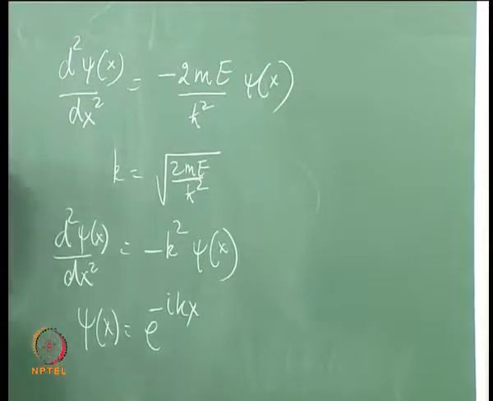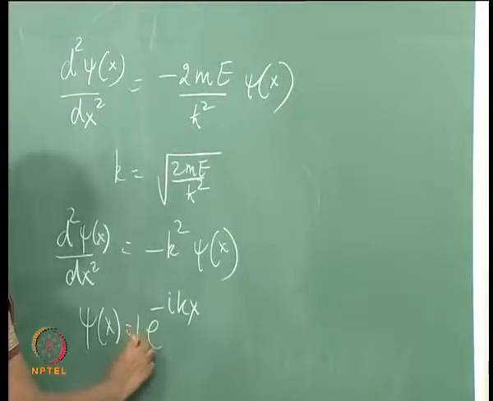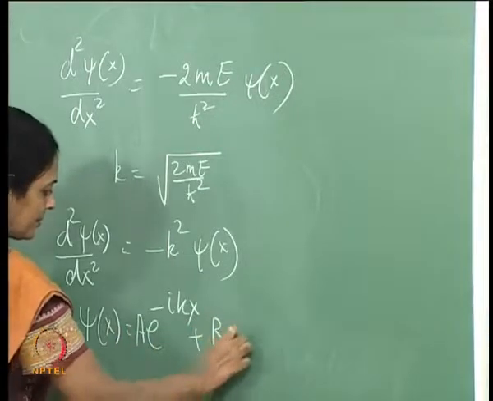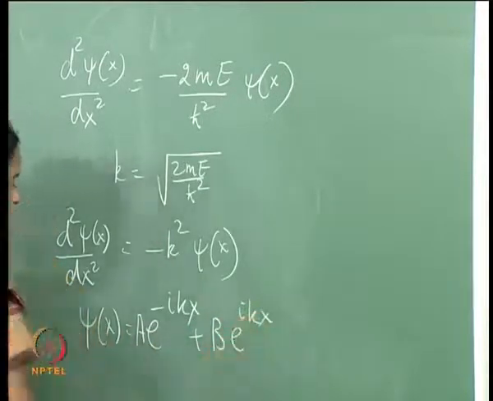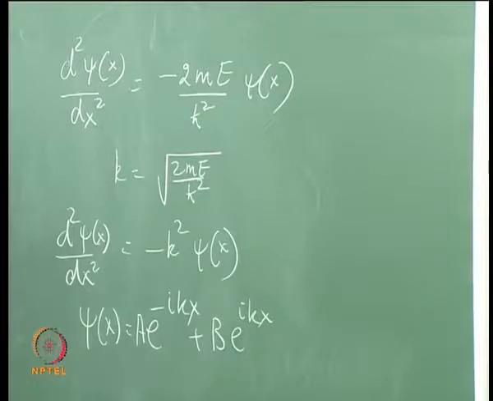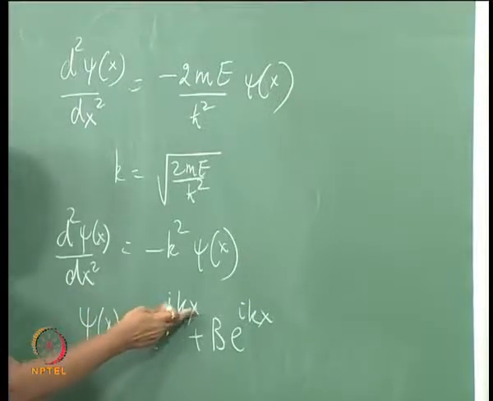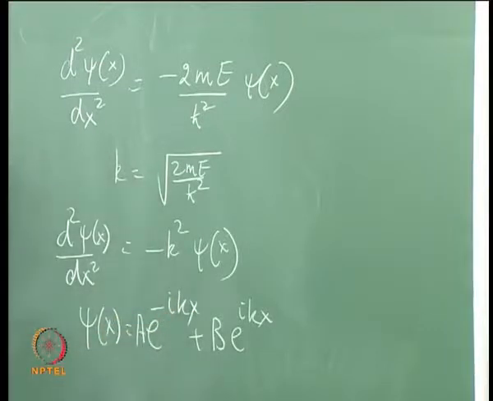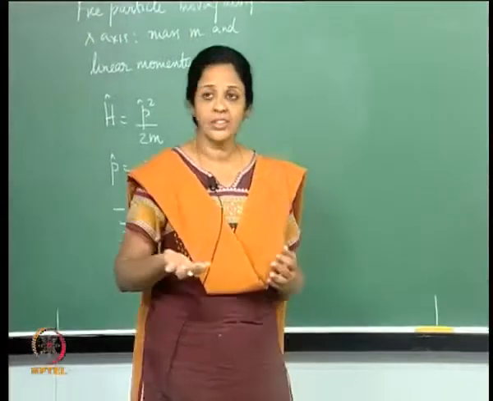There is also another solution which is e to the plus ikx, and therefore in general psi of x is A e to the minus ikx plus B e to the ikx. k is simply a number, and as x changes, psi also changes. A and B are constants, and they are to be determined from boundary conditions on psi.